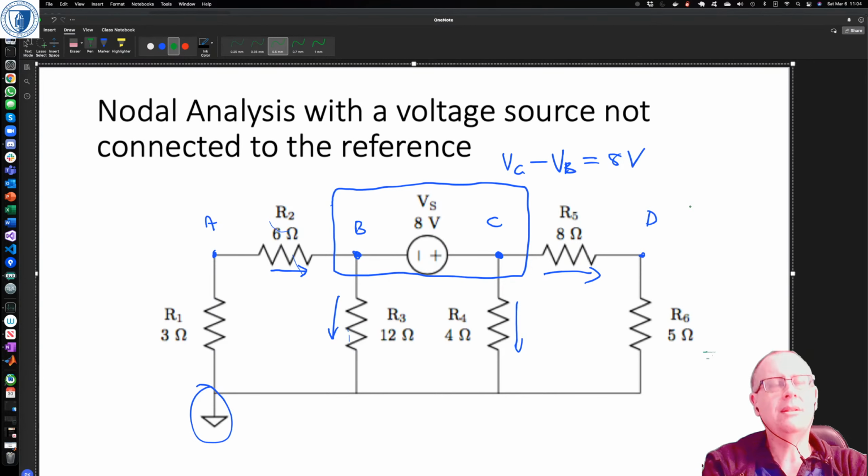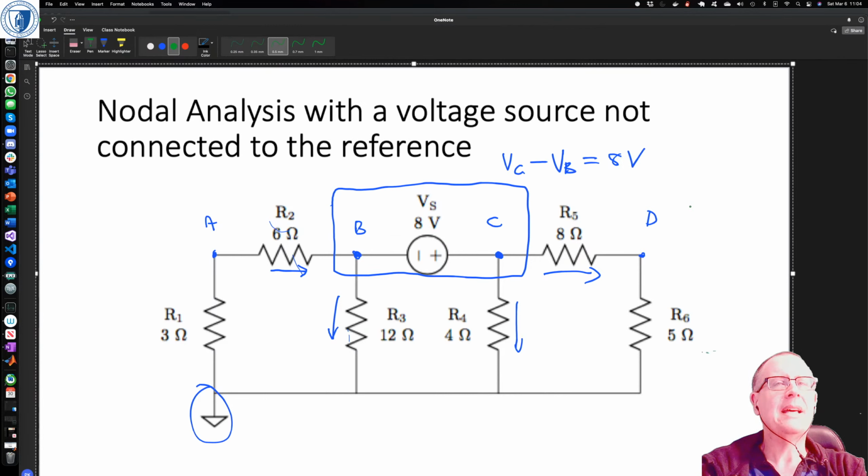But when the voltage source is connected between two of the other nodes, not involving the reference node, then we have the super node version of super mesh, right? The nodal analysis version of super mesh, which is called a super node.